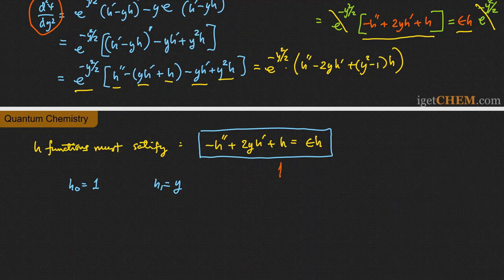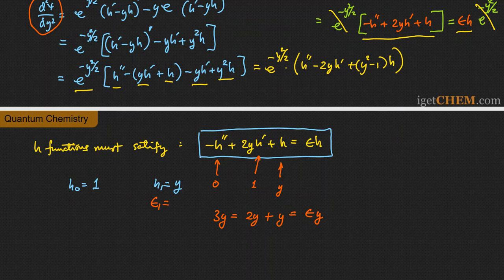If H is y, then H prime is 1 and H double prime is 0. So you can ask, would 2y plus y equal some constant multiplied by H, which is y? Clearly the answer is yes, that does work, because what is on the left side is basically just 3y.